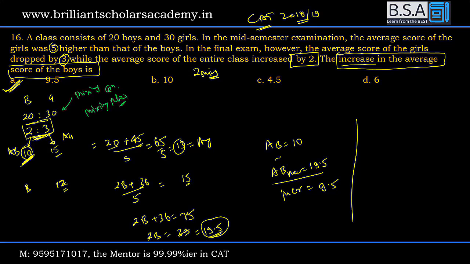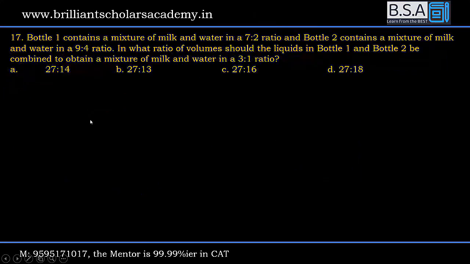Chalo, moving on from this. Bottle 1, again a CAT question. Bottle 1 contains a mixture of milk and water in 7:2 ratio. Bottle 2 contains a mixture of milk and water in 9:4 ratio.